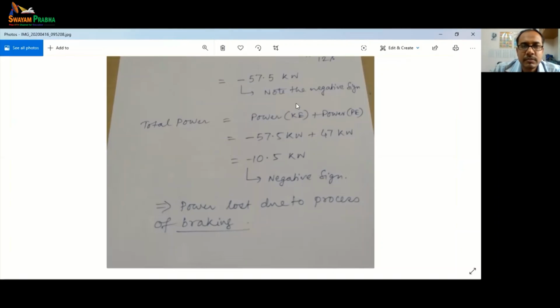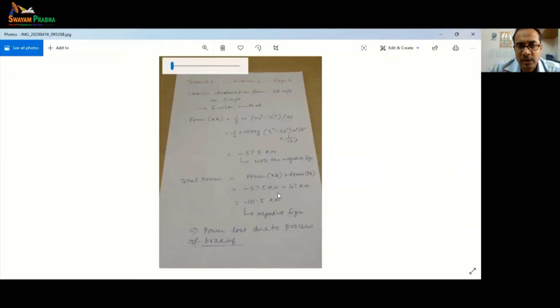So again, we have looked at another problem, which is the conversion between potential and kinetic energy when a car goes uphill at different velocity conditions. We have looked at 3 cases, and all the problems that we have looked at in this tutorial focus on the concept of pressure, density and all, and then the concept of conservation of energy, basically the first law of thermodynamics.